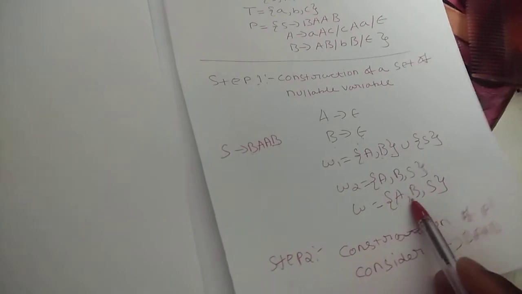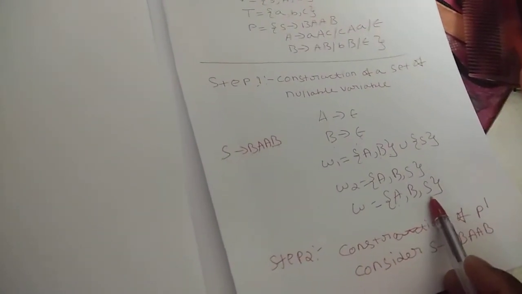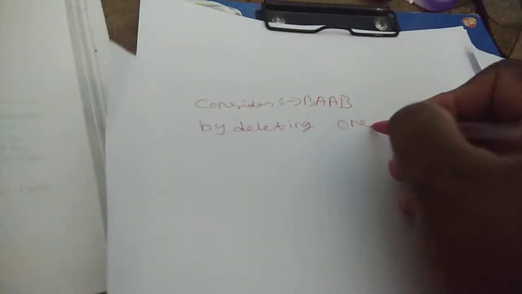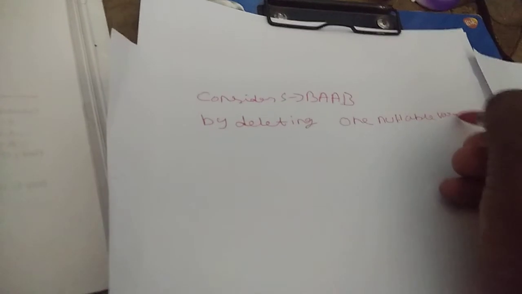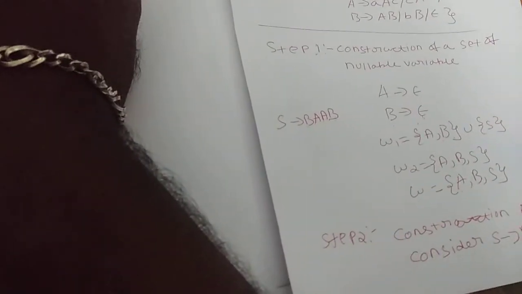As we said, A and B are nullable variables. First, we will delete one nullable variable from this production. B is a nullable variable, right? We will delete B here.